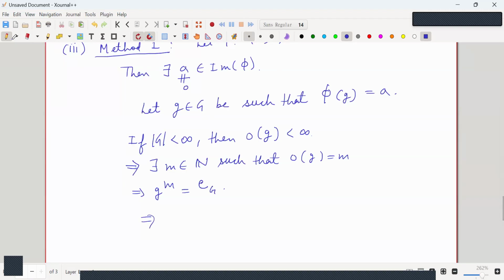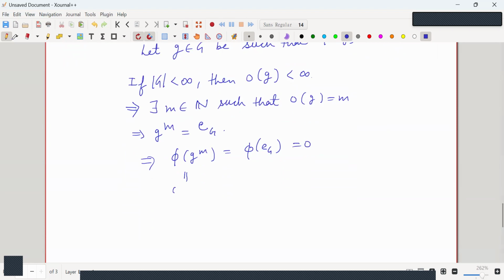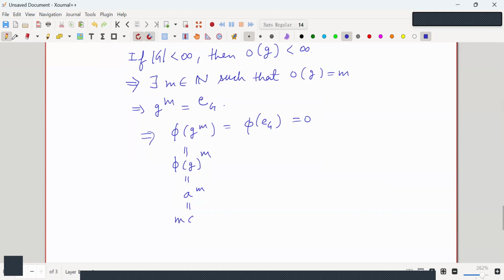And then this implies phi of g^m is phi of the identity of G, which is 0. But phi of g^m is phi of g raised to m, which is a raised to m, and in integers, this is just m times a, and that implies the order of a is m, which is less than infinity.